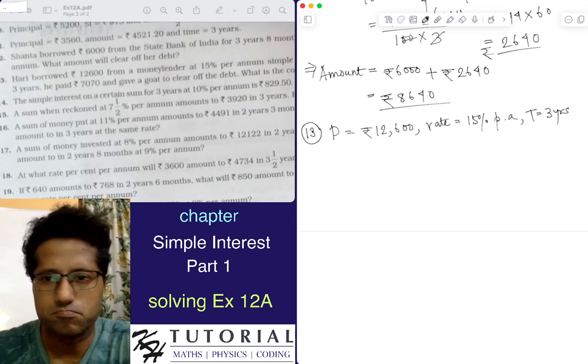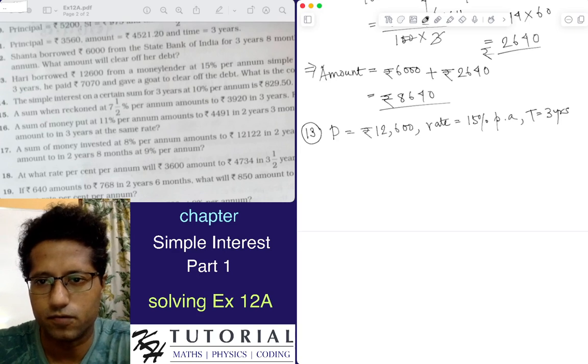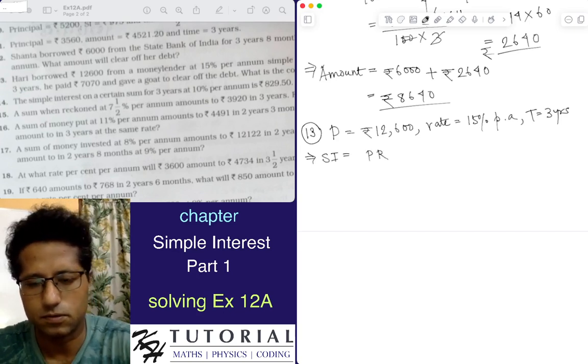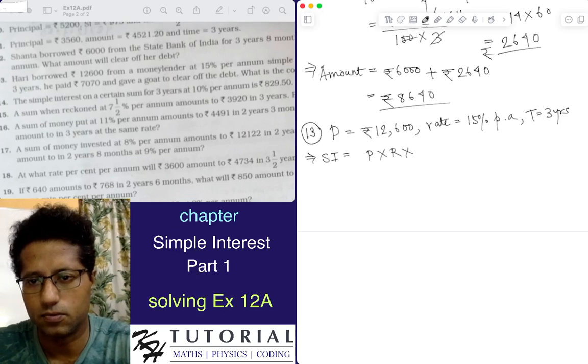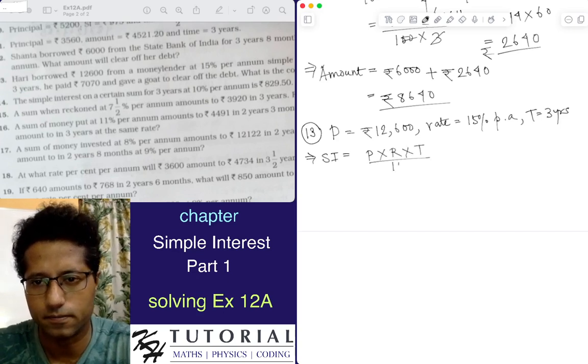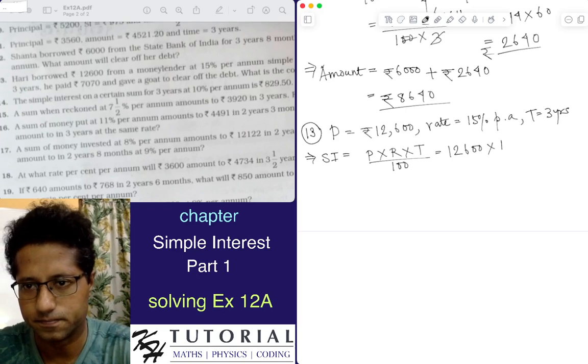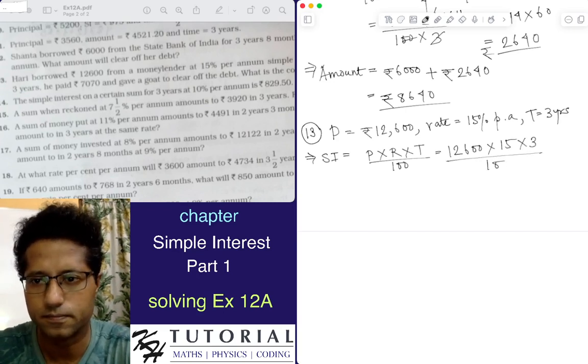Now from this data, we can find simple interest to be P multiplied by R into T divided by 100. This is P is 12,600, R is 15, T is 3, divided by 100.